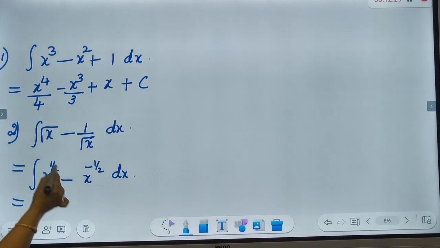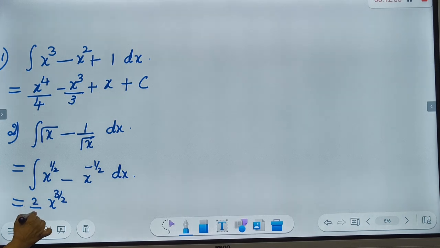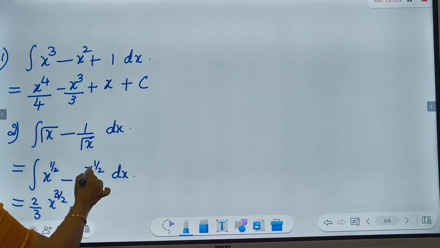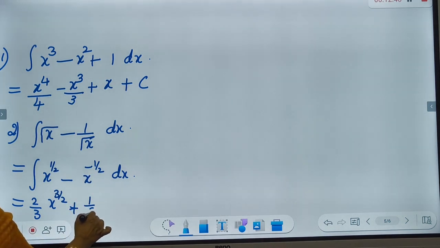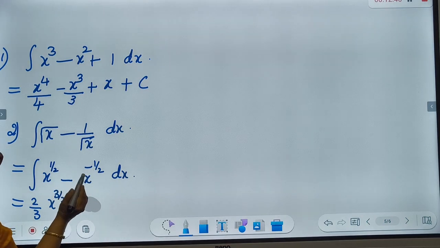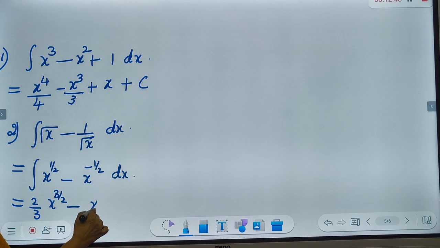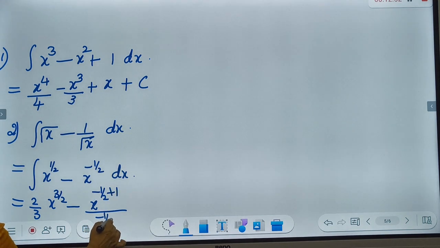So this is x power half plus 1, which is x power 3 by 2 by 3 by 2, which is 2 by 3, minus, sorry, I have to do the integration, minus x power minus half plus 1 by minus half plus 1 plus c.